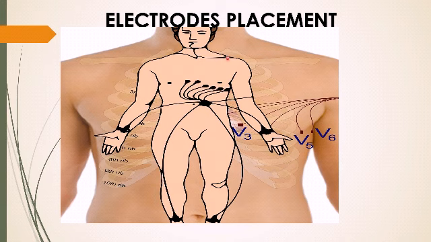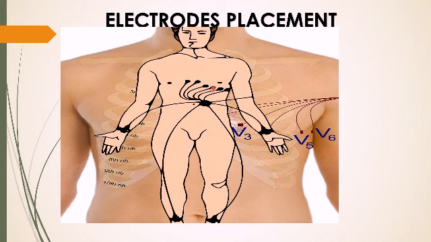This is the clavicle. Just when you take the midway of the clavicle, you draw a line downward. It is an imaginary line, you can't see it. That is where you place C4.